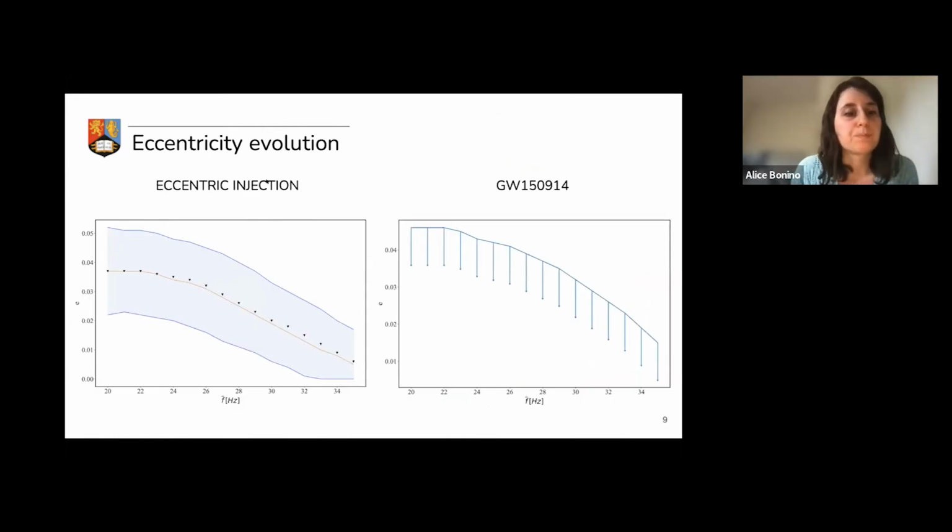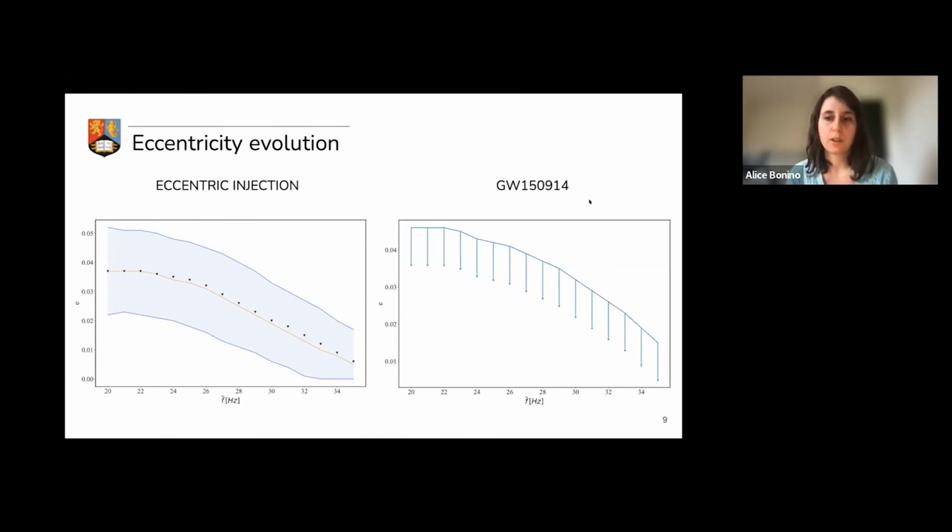From this analysis, you can see here the dotted line is the injection, and it lies within the 90% interval, and the other line is the median. So it seems from this also that the model and the method are reliable.